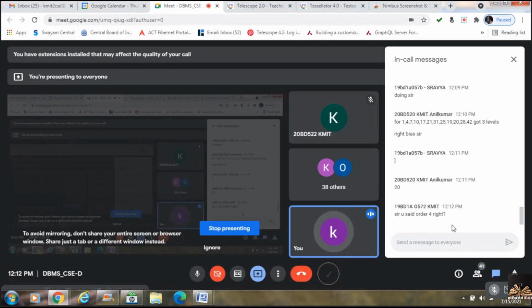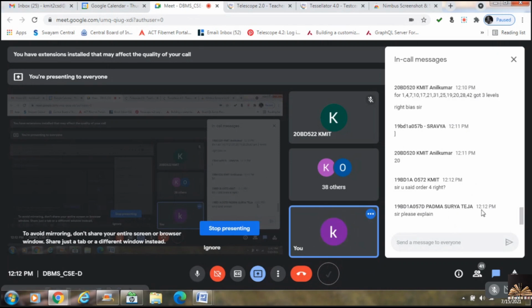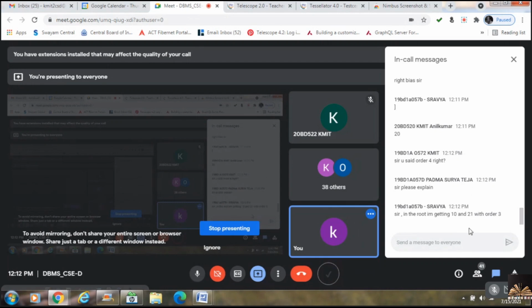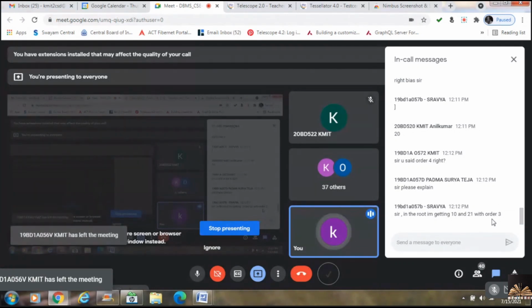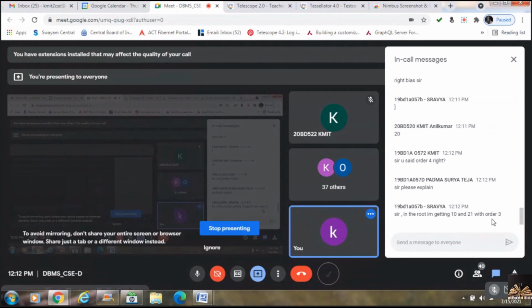What for 72? I did not mention any levels, ma. Order is 4, ma. I told order 4. You have done with order 3, Shravya.